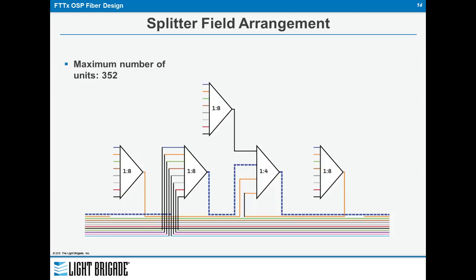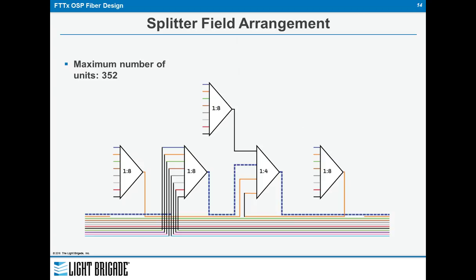So if we look at the pathway of light, where our central office is still on the right side, we feed blue fiber into that 1x4. We backfeed, since orange isn't being used there. We can backfeed to that 1x8 and then go forward into 3 more 1x8s.